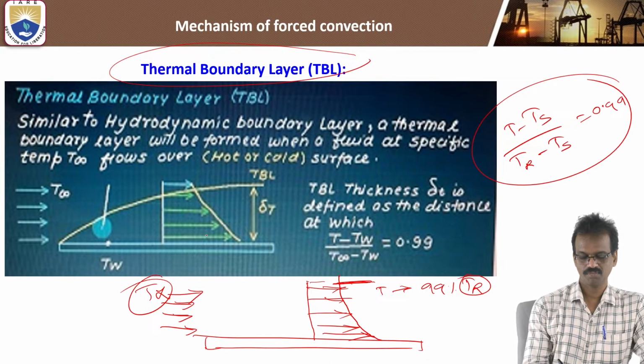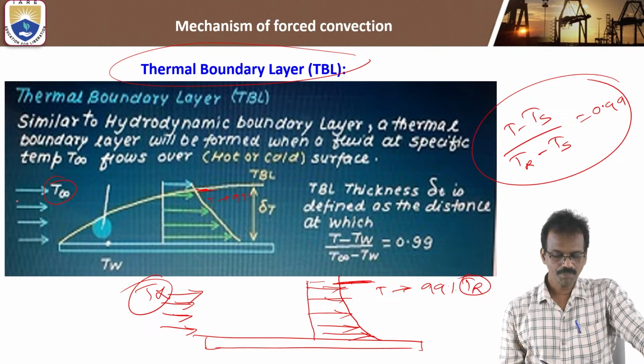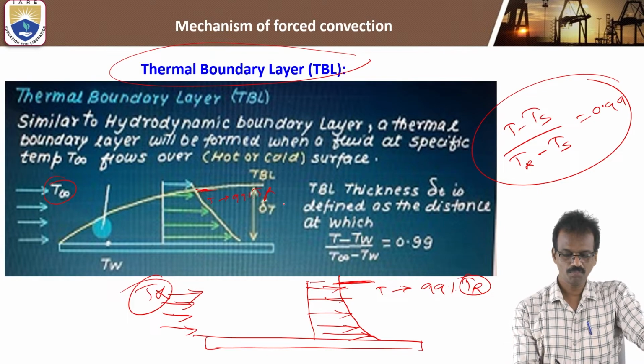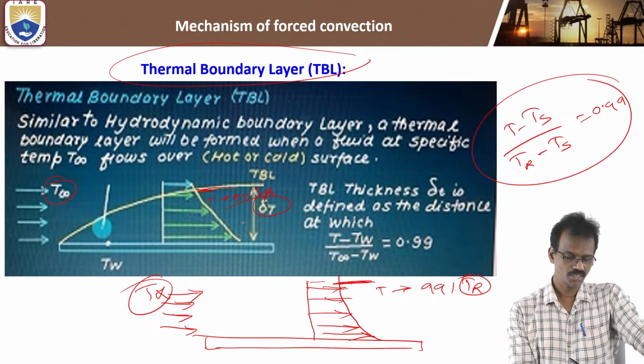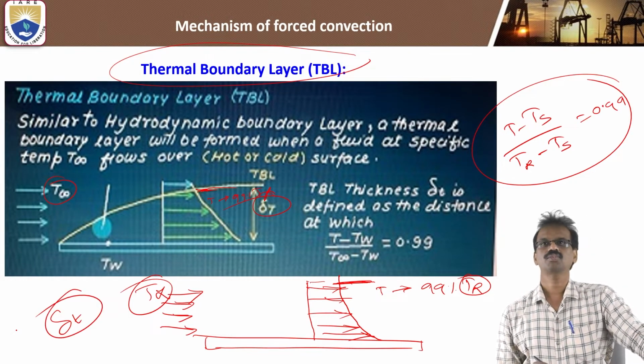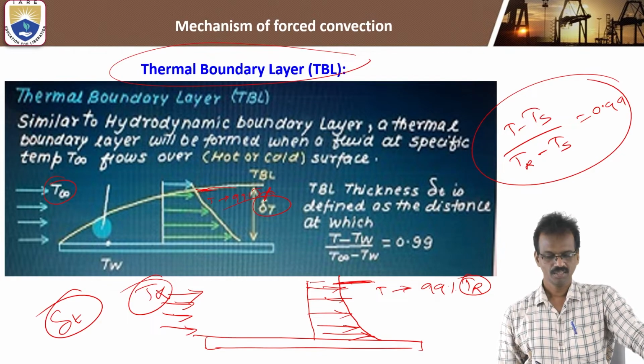When the heat is taken by the fluid, the temperature profile decreases until one particular point where T reaches very near to 99% of the free stream temperature, T infinity. The distance from the solid surface to that point is called the thermal boundary layer thickness, represented by delta T.